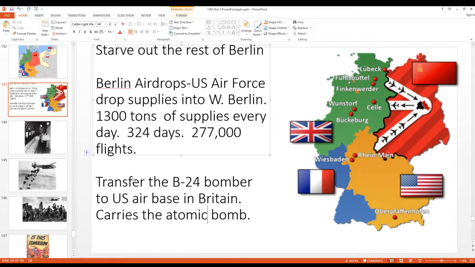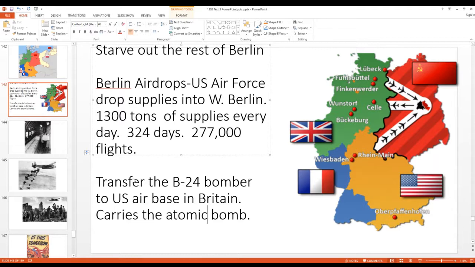And from its base in Britain, it can reach the Soviet Union. So this is a message to Stalin, because remember, the Soviets, Stalin, they don't have an atomic bomb. The United States has the only atomic weapons. So this is a little message to Stalin that he better cool it.